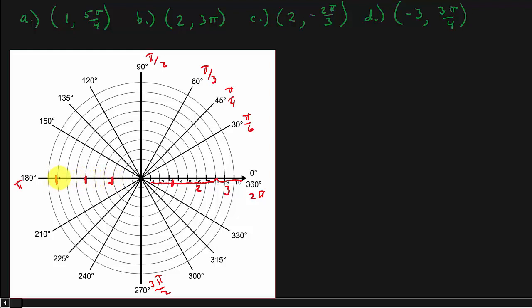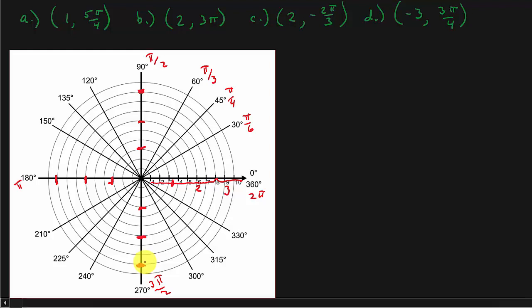Every third one will represent 1 unit, and I'll mark it with a red mark like this, and that way we won't be so bunched up. So each of these marks represents 1 unit.